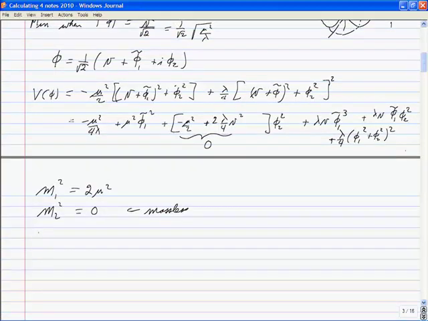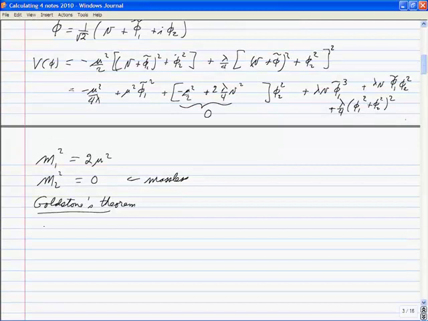This gets tied up into Goldstone's theorem. The feature that we're seeing here is that the symmetry is hidden or broken.